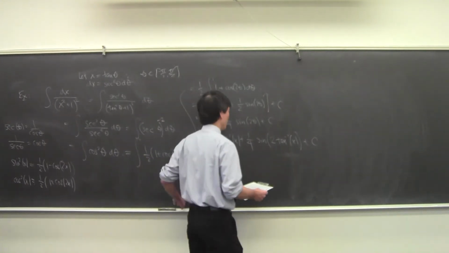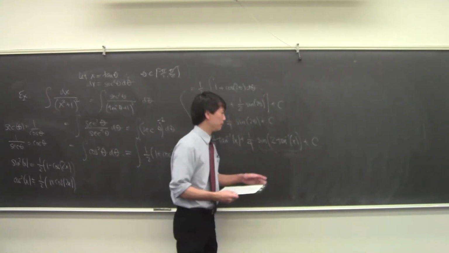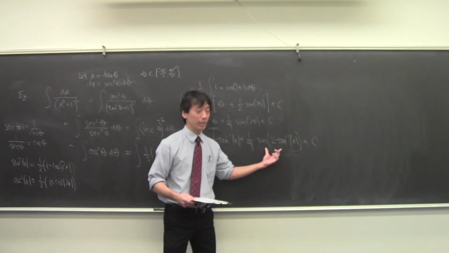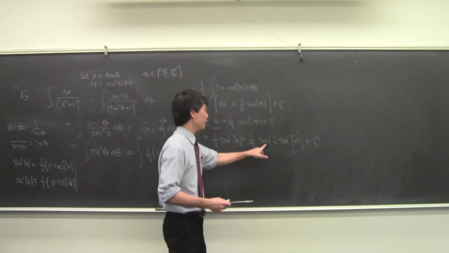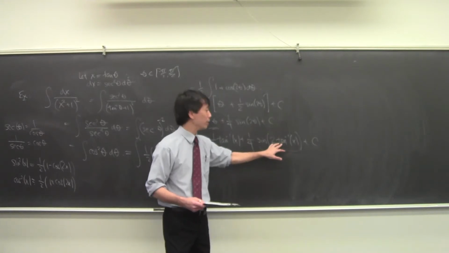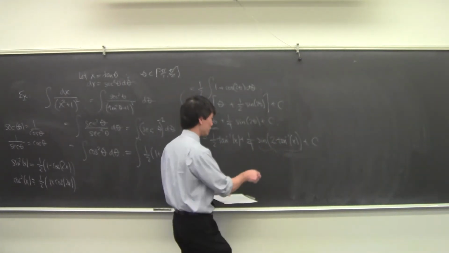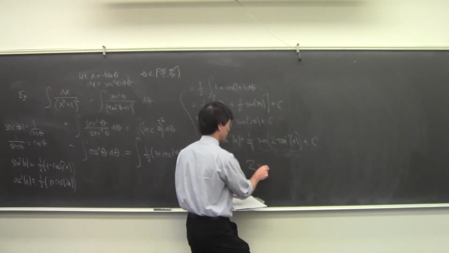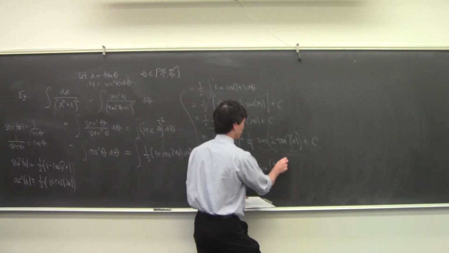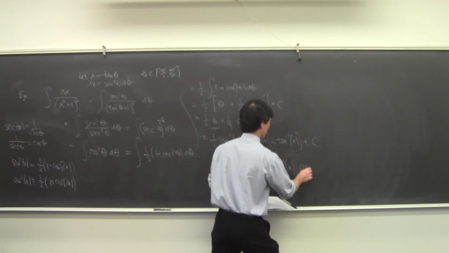The first thing is the sine of twice an angle. Does anybody remember the double angle formula for the sine? Sine of twice the angle is 2 times the sine of the angle times the cosine of the angle.